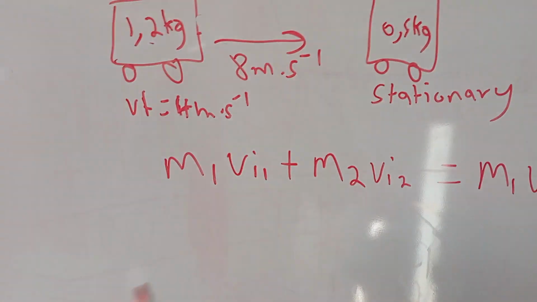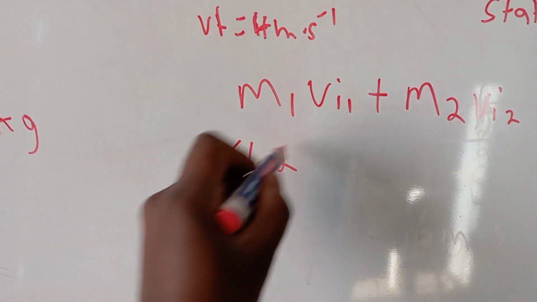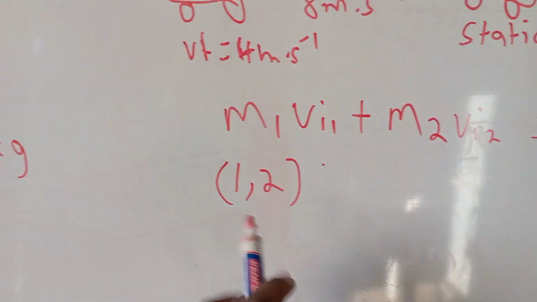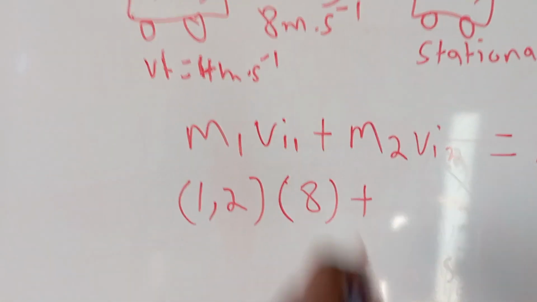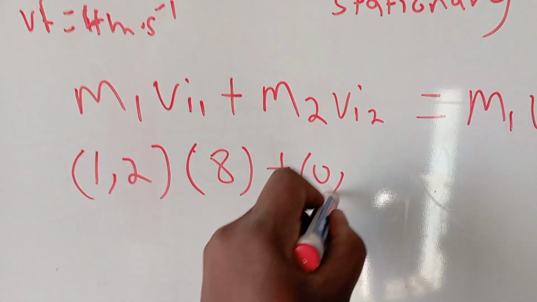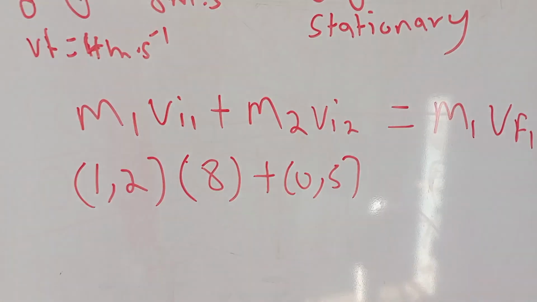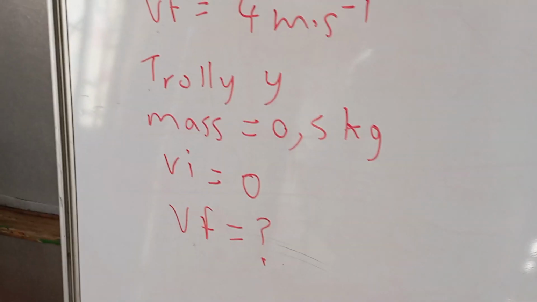So M1, the mass of the first trolley, is equal to 1.2. We put in 1.2 for the mass, and the initial velocity VI is 8 meters per second, then plus M2, the second mass, 0.5, and VI2 is 0 because it's stationary.